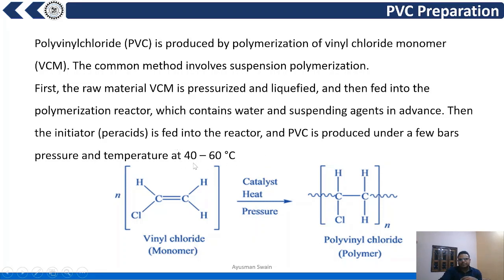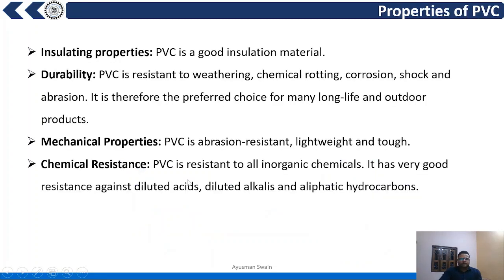Heat means the temperature should be 40 to 60 degrees centigrade, and radical initiators like peroxy acids, suppose benzoyl peroxide, or some azo compounds may be taken as catalyst to prepare polyvinyl chloride. What are the properties of this polyvinyl chloride? These have insulating properties.